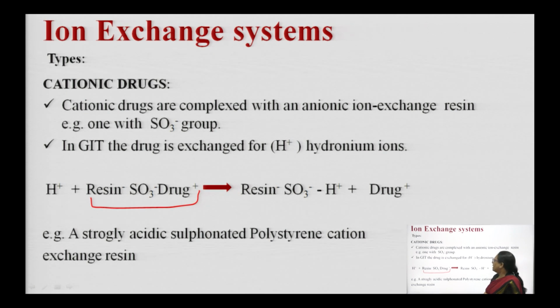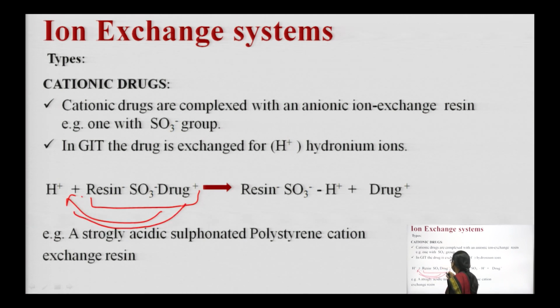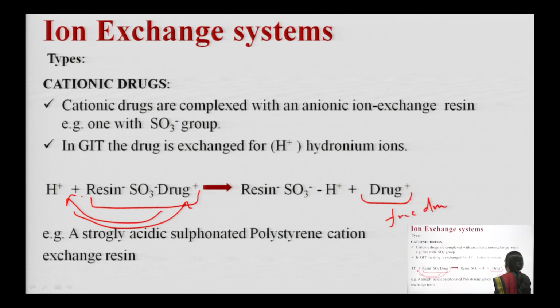Now, this drug cation is exchanged in the GIT for the H plus ions present there, such that the free drug is released here and H plus ions are complexed with the resin instead of the drug.